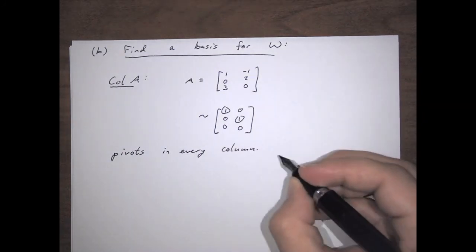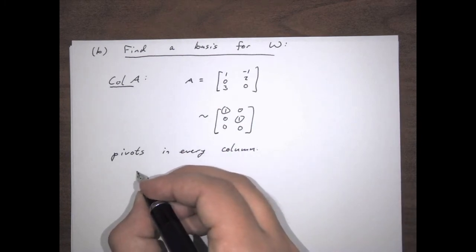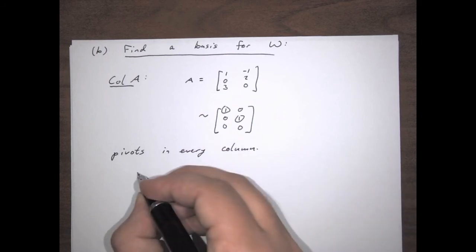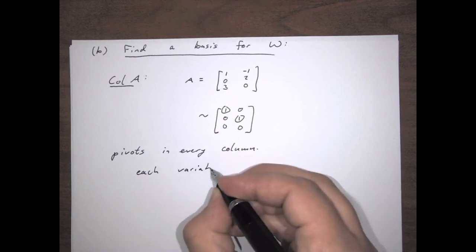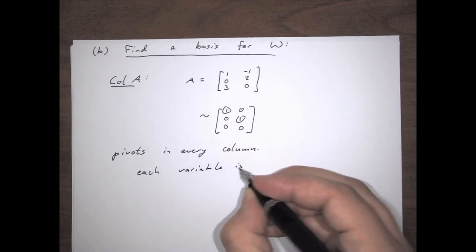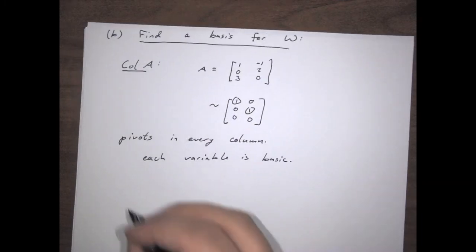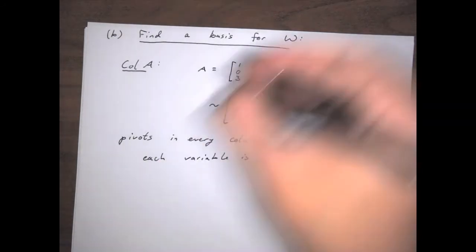And what that means is, thus the two columns of A originally are a basis. So each variable is basic, no free variables, which means that each of the variables of A will go into the basis.